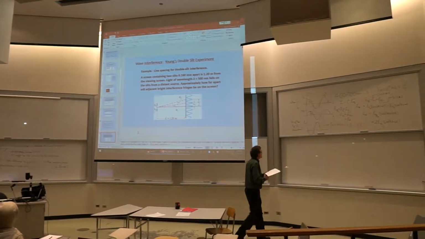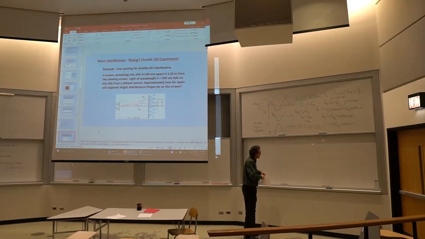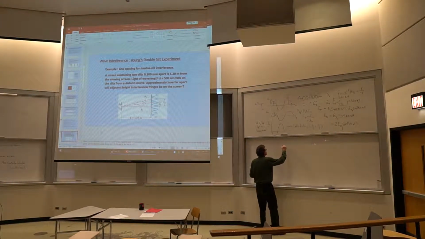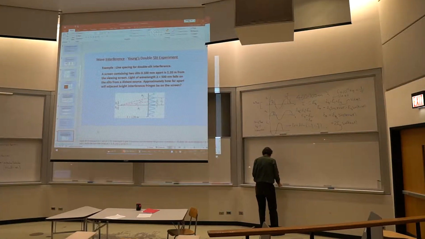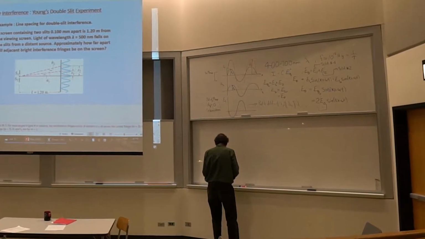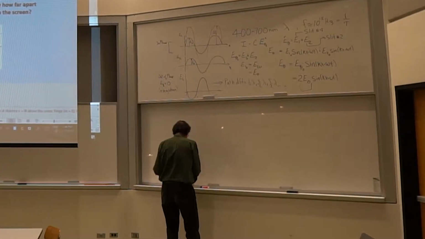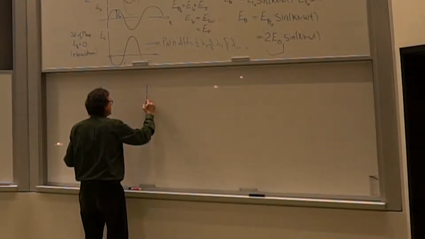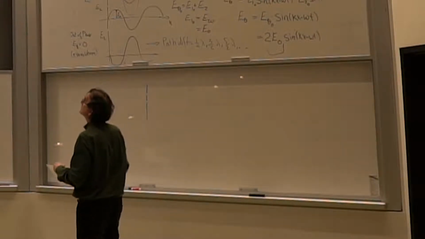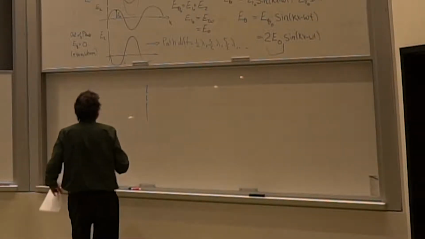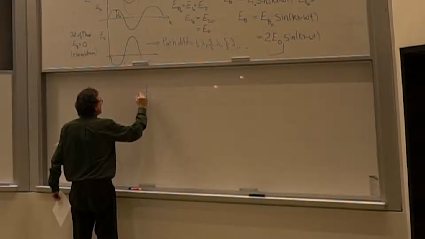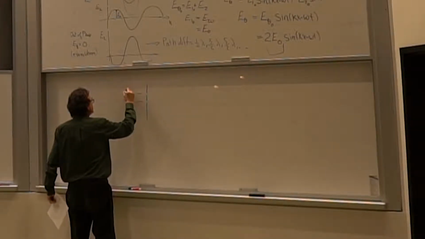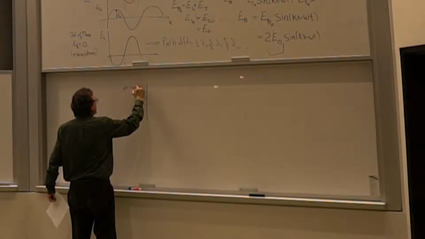The spacing between the slits is 0.1 millimeter, so d is equal to 0.1 millimeter.